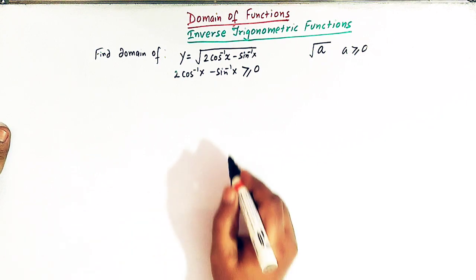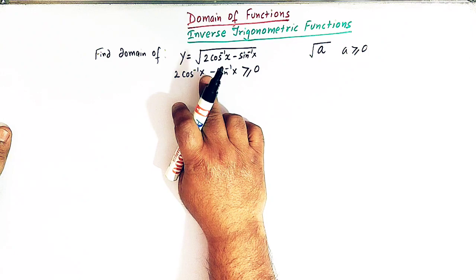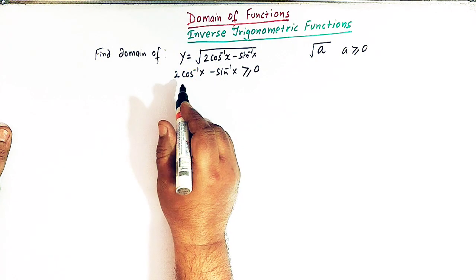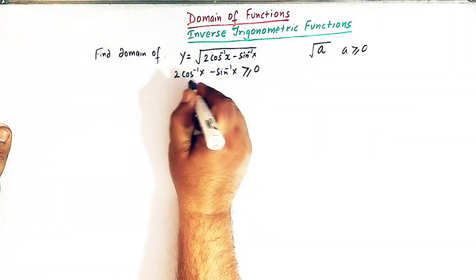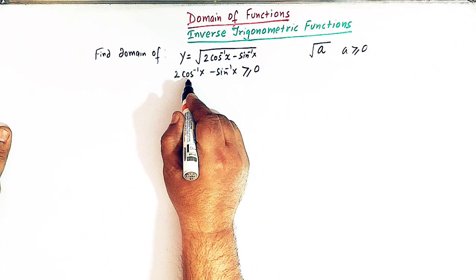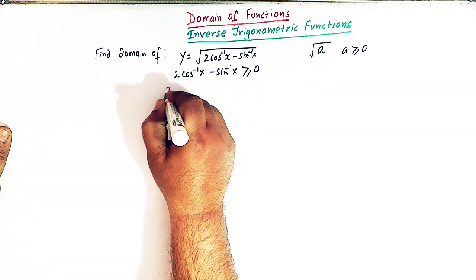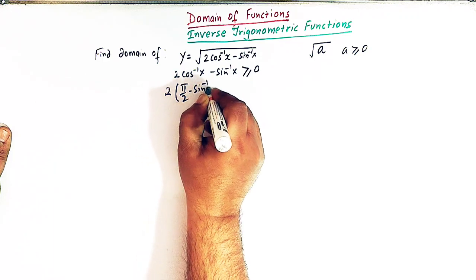Now we have this inequality, and we'll proceed from it to get the domain of this function. Let us solve this inequality step by step. Let us substitute cos inverse x as pi by 2 minus sine inverse x.